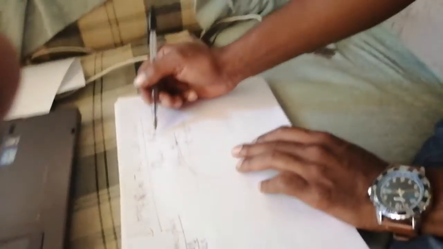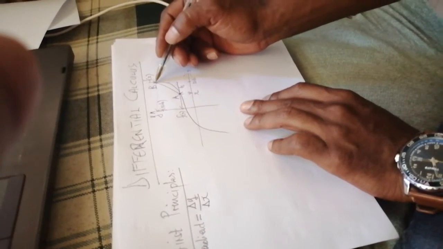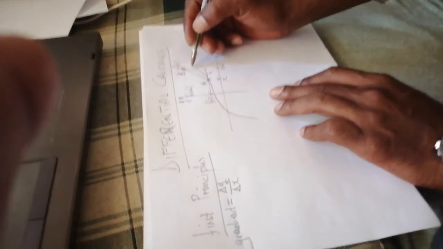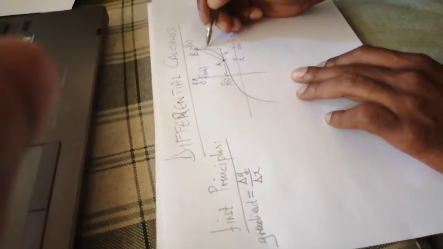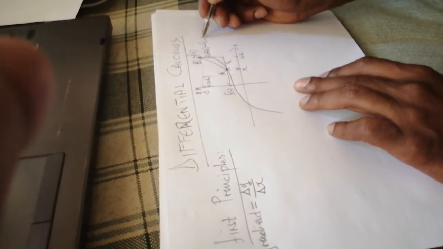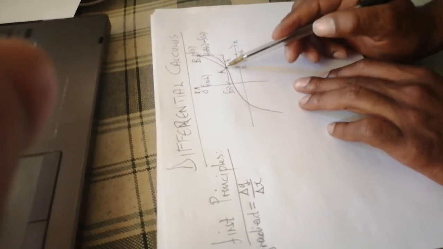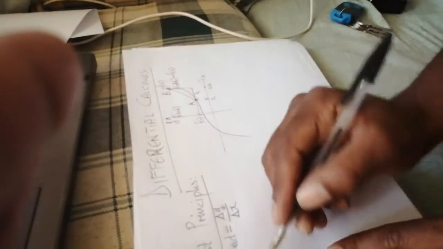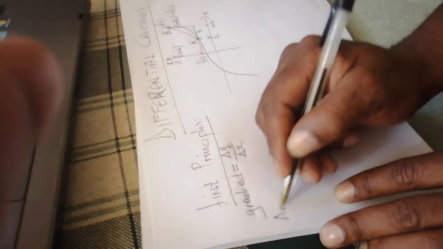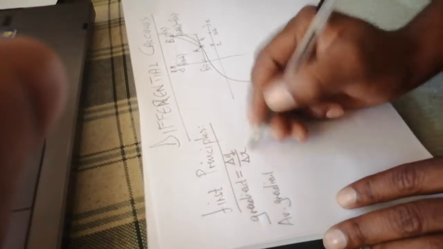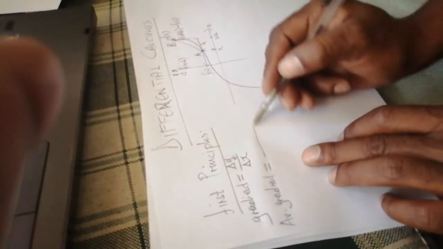Meaning that now the change in y is going to be the difference between those two, which is f of x plus h minus f of x, and the difference along the x-axis is h, which then means that the average gradient between A and B is equal to our change in y.